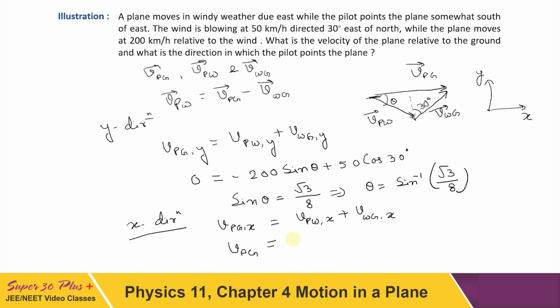That has to be equal to, here values are given there. This is 200 cos theta. With x it is making angle theta, so cos theta to be here. And then velocity of wind with respect to ground, which is 50 km/h sine 30 degree. And on solving, which comes out to be equal to 225 km/h.